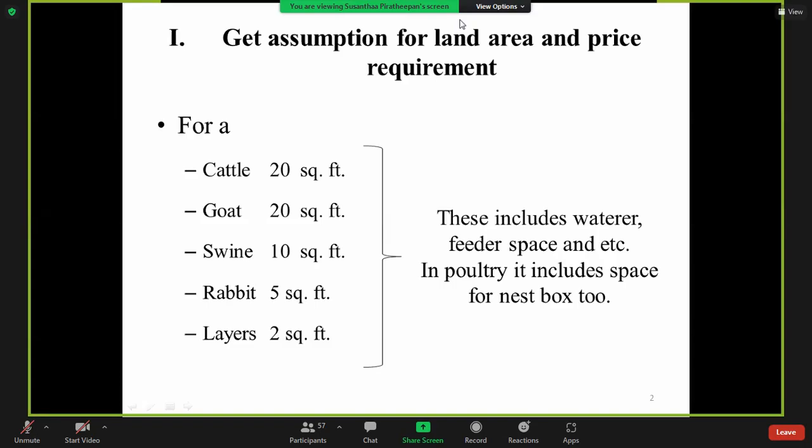So write the assumptions about the areas: cattle, goat, swine, rabbit, and lambs.